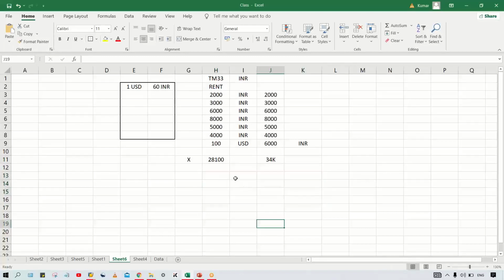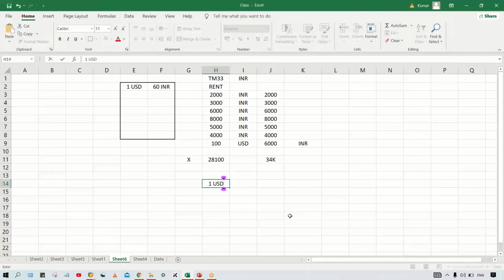So generally, let's suppose I said here 1 USD equals to 60. Right. So generally, what is happening, guys? We are going to maintain a translation ratio in this. Okay, USD versus INR. This is USD versus INR. What is the ratio? 1:2.